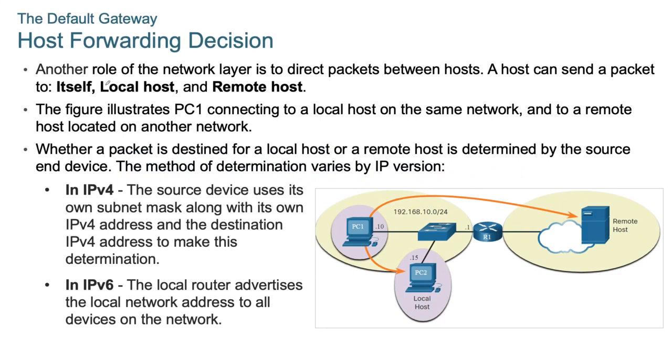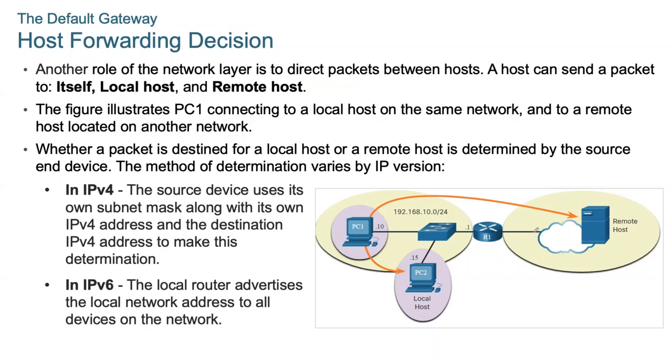As said, the default gateway's job is a host forwarding decision. Another role of the network layer is to direct packets between the hosts, source and destination. A host can send a packet to itself, to a local host, or to a remote host. So it can send to itself, or to a local host in the same network, or to a remote host which is outside. Remote host means in the internet.